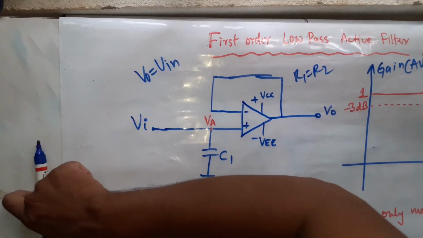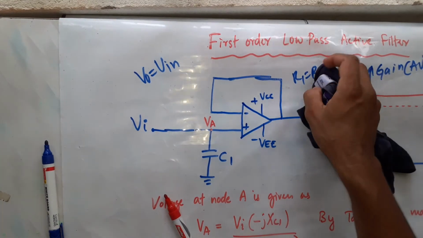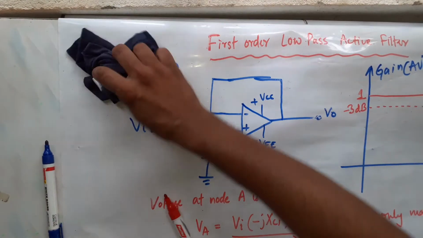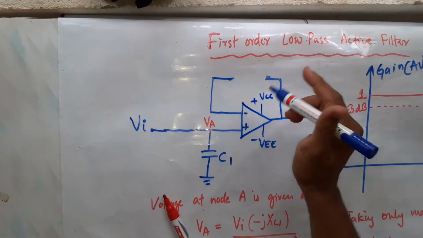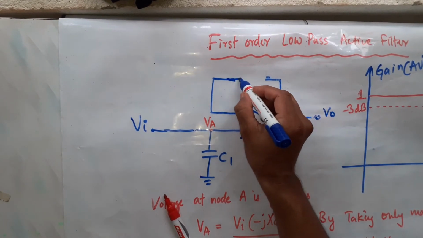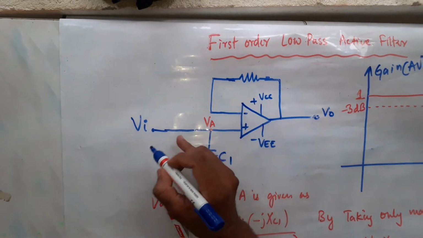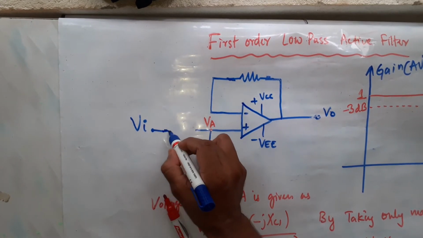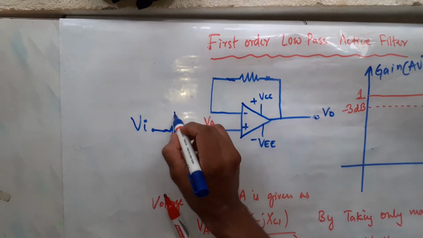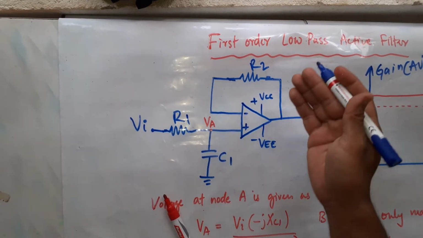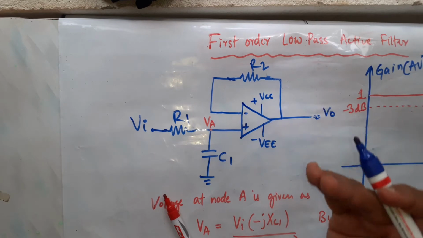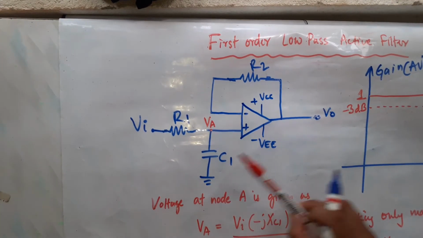Now in this case, what we do is, when we consider both of them as same value, if R1 equal to R2, then it is behaving as if it is a voltage follower circuit, that is output is equal to input.